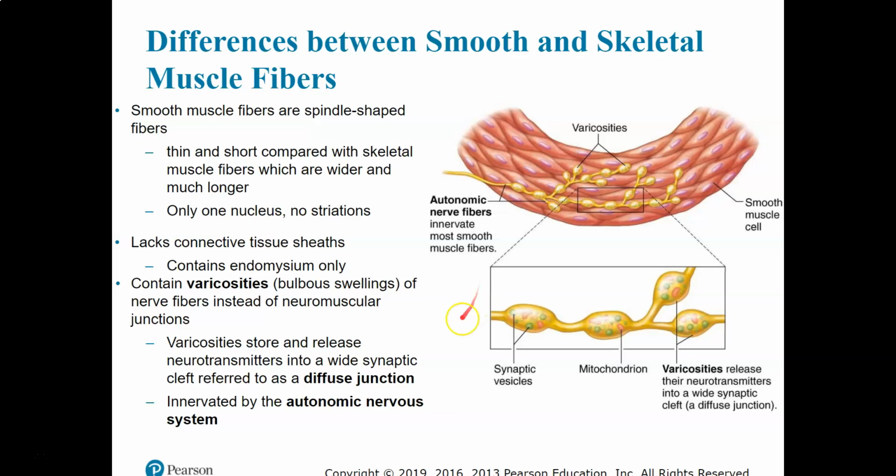And instead of forming the neuromuscular junction, we're going to have these varicosities, these swellings of the nerve fibers, where a diffuse amount of neurotransmitter is released across a large area, as opposed to released specifically across a synaptic cleft.